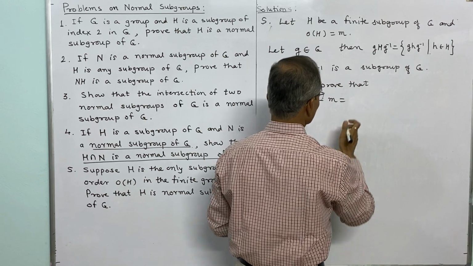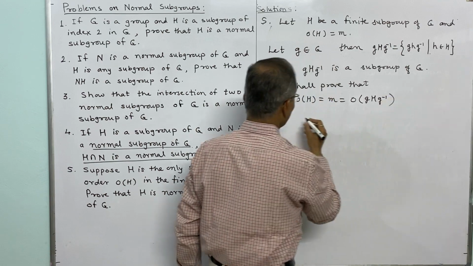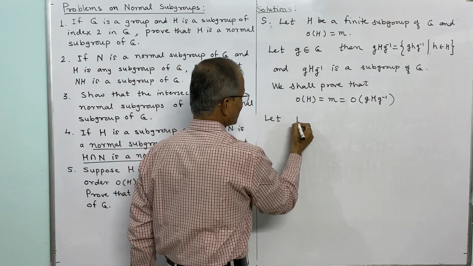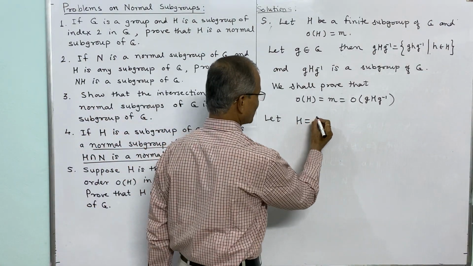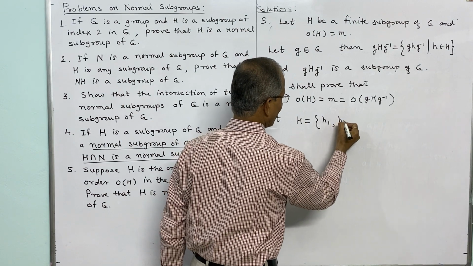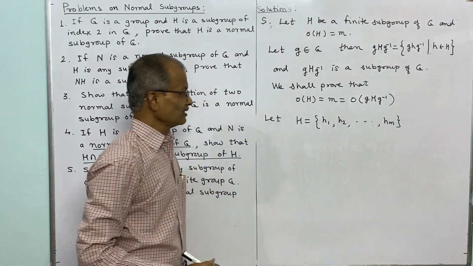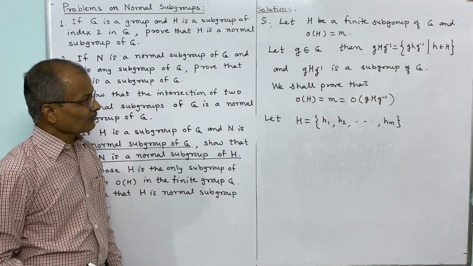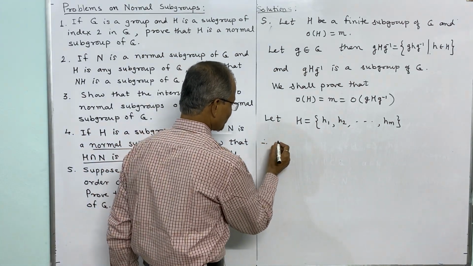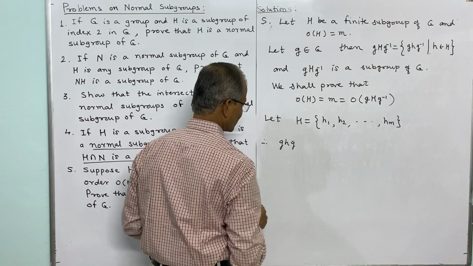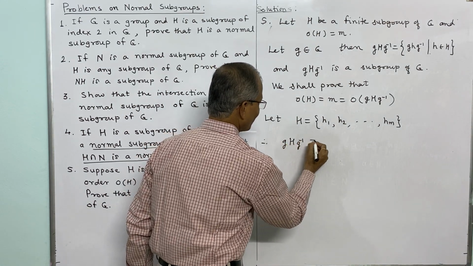Let H have order M, meaning H contains M elements, and suppose the elements of H are denoted by h1, h2, and so on up to hm. And what will be the elements in gHg inverse?